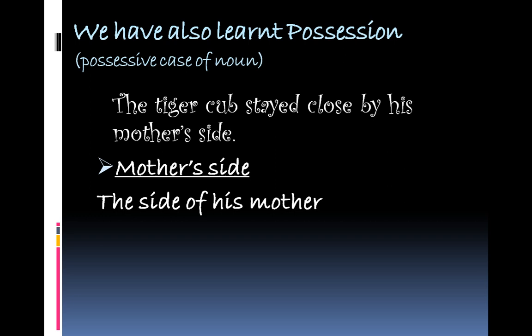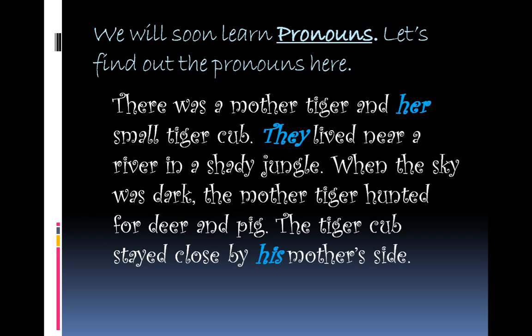We could have said it like this: there was a mother tiger and mother tiger's small tiger cub. You tell me honestly, if we had written this sentence, the word tiger could have come thrice in a sentence. Does that sound good? No, right? Certainly not. Repeating this one word thrice in a sentence does not make the sentence sound good.